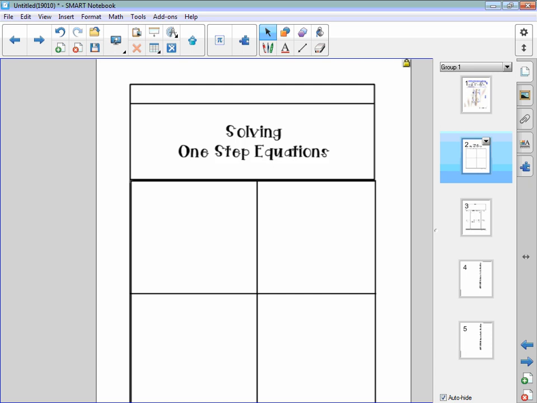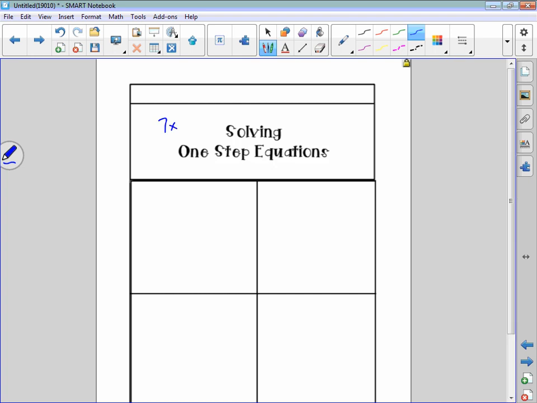So here, I have a few different things I want you to write down where it says solving one-step equations. We're going to do a couple different example problems right up here. 7 times x equals 21. 7 is what is called a constant.